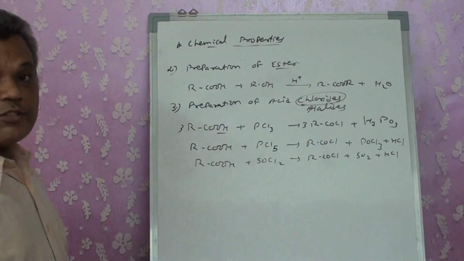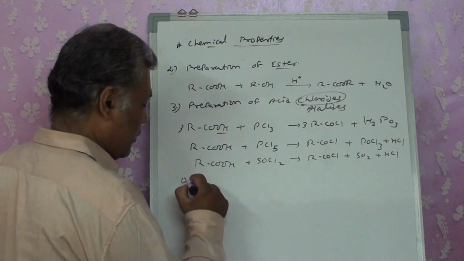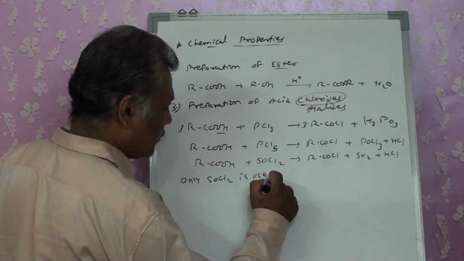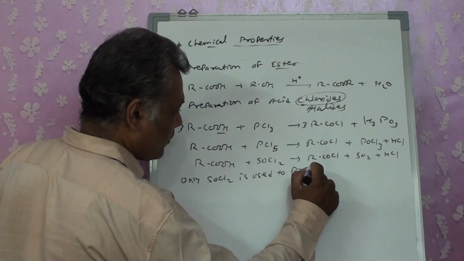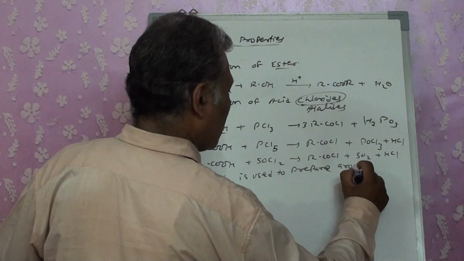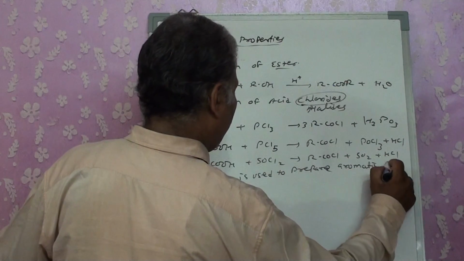But out of these three, only SOCl2 is used to prepare aromatic acid chlorides.